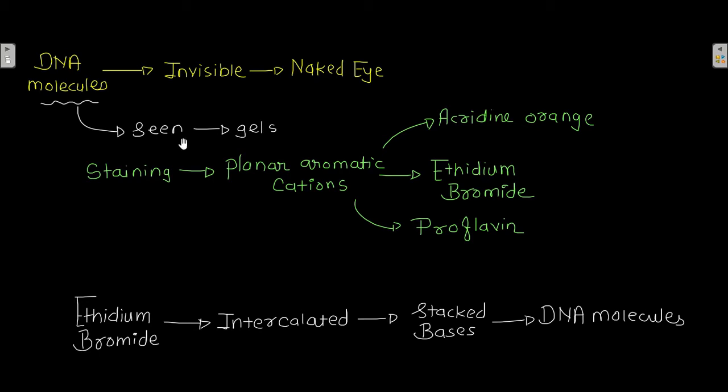Now, DNA molecules are invisible to the naked eye, but they can be seen in the gels by staining with solutions of polar aromatic cations such as acridine orange, ethidium bromide, and proflavine. These are solutions of polar planar aromatic cations, and if you stain the gel with this solution, then you can see the DNA molecule on the gel.